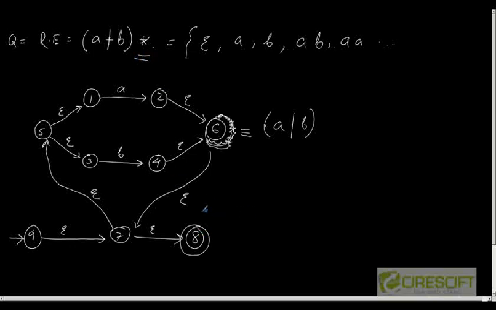Okay, so now let us start the third step of lexical analysis, that is, converting a non-deterministic finite automata to a deterministic finite automata. Conversion of NDFA to DFA. How is an NDFA different from a DFA?